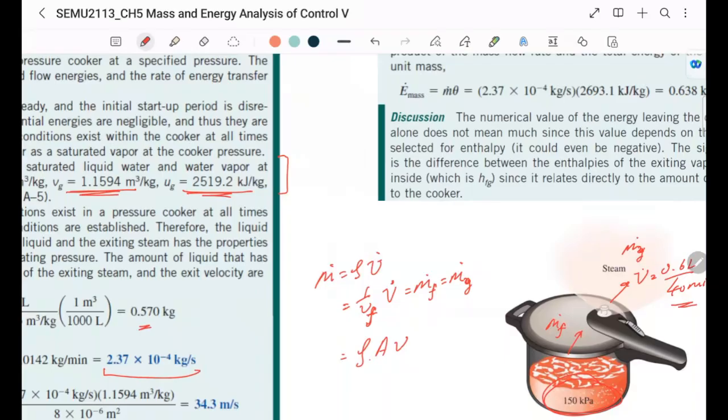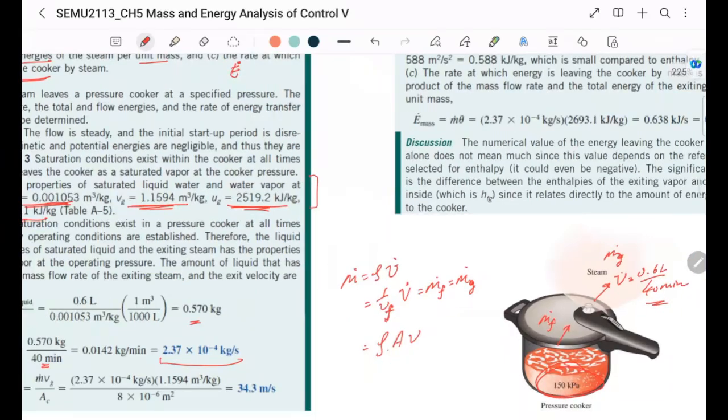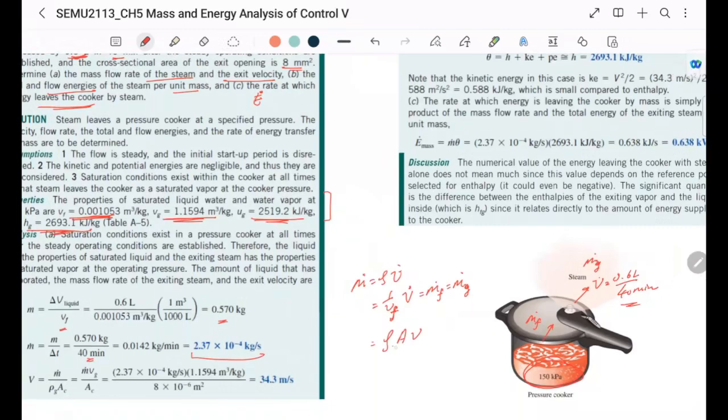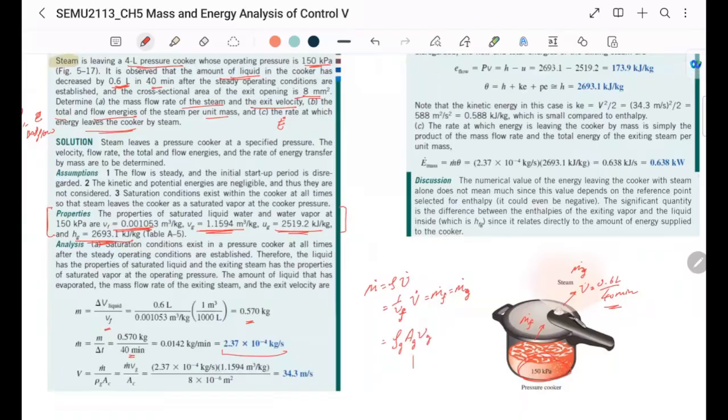So same number here, we can apply for the gas, because the opening is 8 millimeter. So for this area here, we have 8 millimeter square, and what goes through it is actually the steam. So it's the gas.